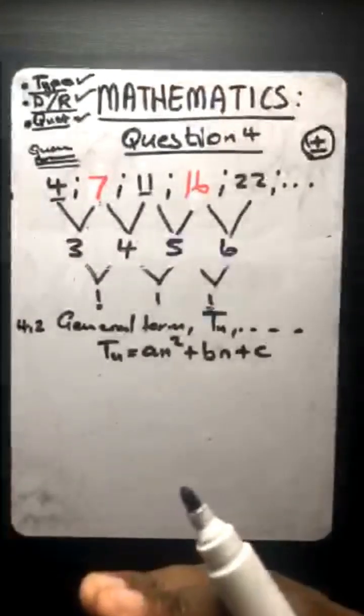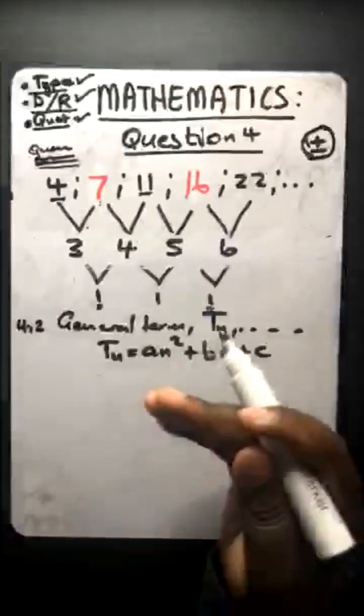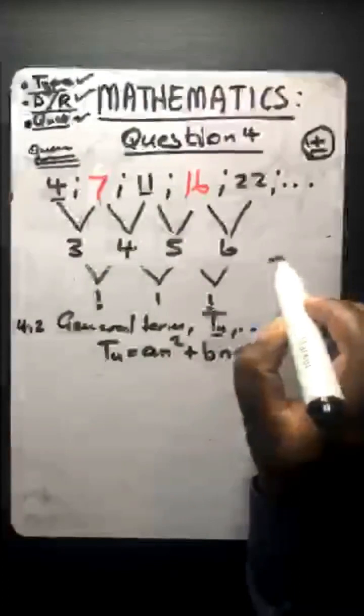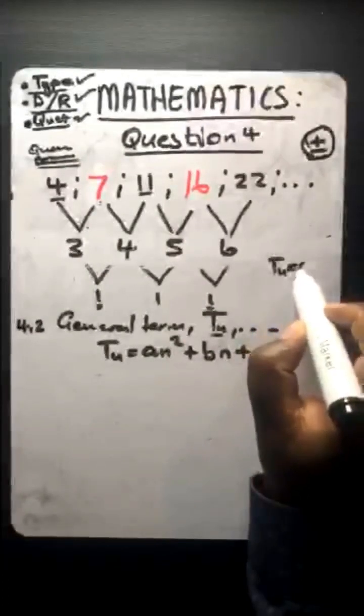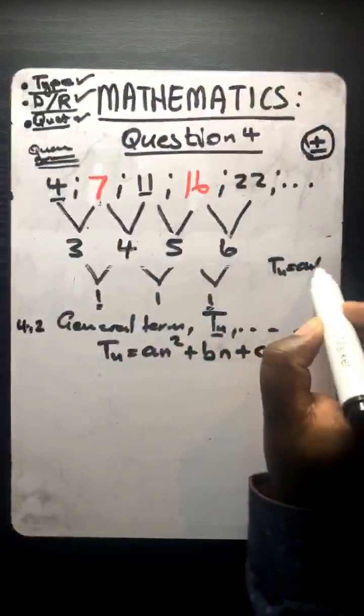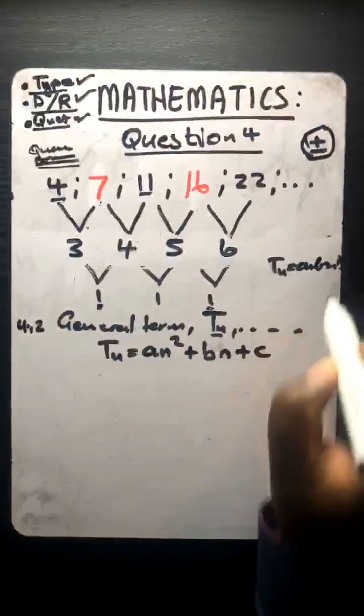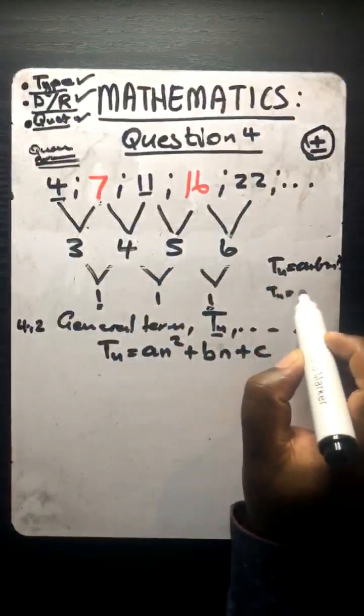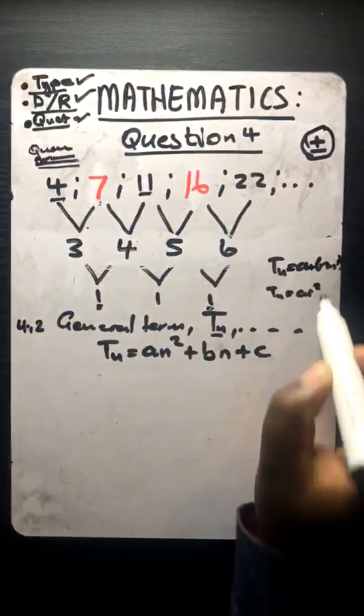If it's arithmetic or linear and they say the general term Tn, they want you to give it in the form Tn equals a plus (n minus 1)d. If it's geometric, they want it as Tn equals ar to the power n minus 1.